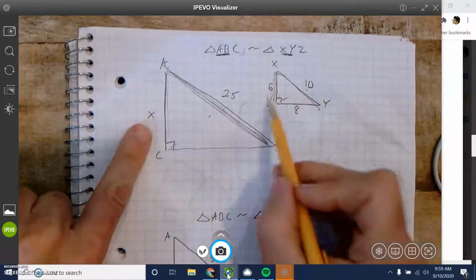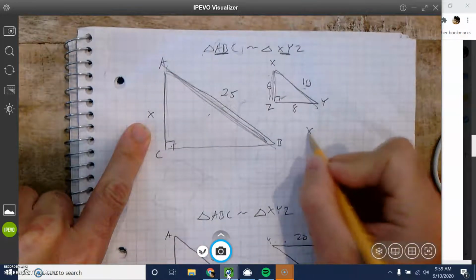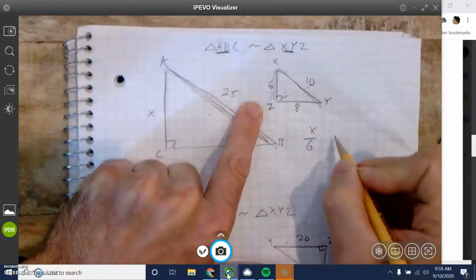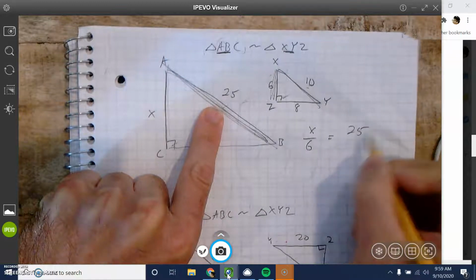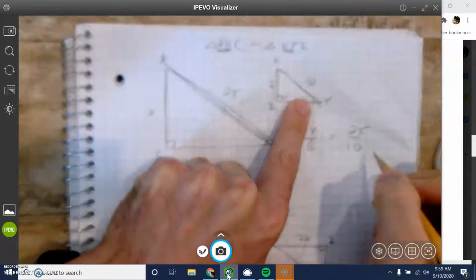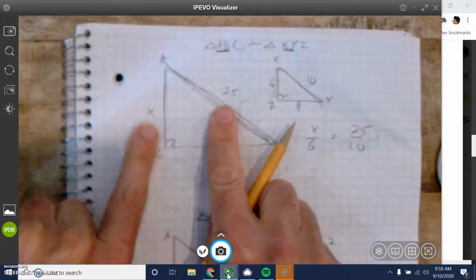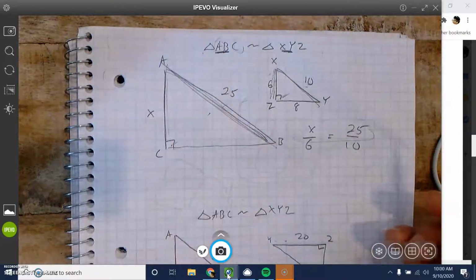The way I like to do it is to bounce back and forth. X is the 6, so X and 6, and then bounce back: 25 to 10. That way I have the numerator as 1 triangle and the denominator as the other triangle.